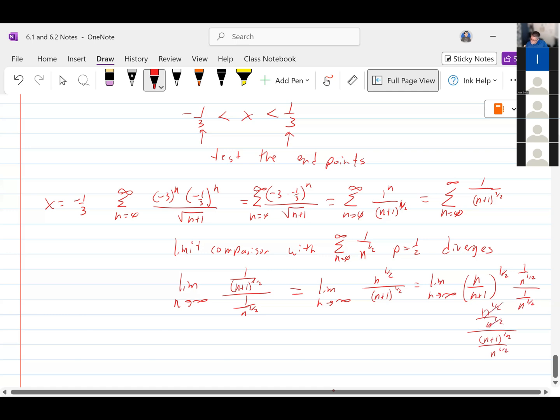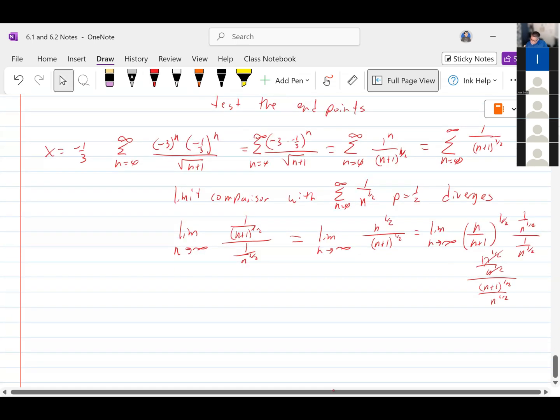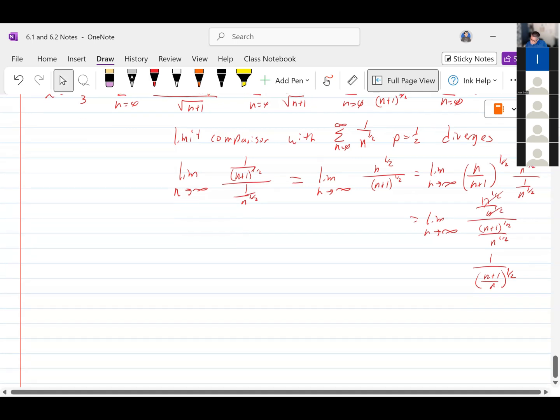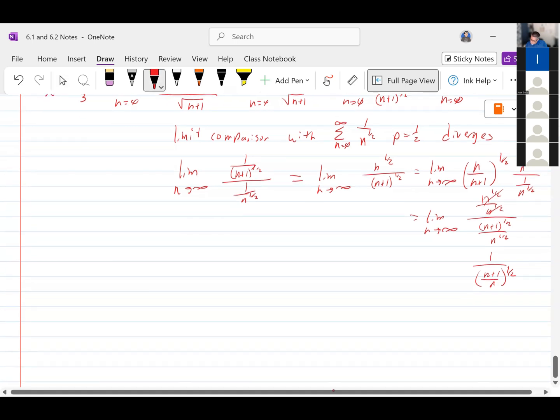Okay, this all becomes 1. The top becomes 1. The bottom becomes n plus 1 over n to the 1/2. Okay. Did that really help? I guess it did, yeah, because then I could get 1 over 1 plus 1 over n to the 1/2.